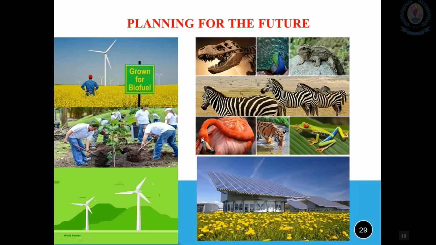We have to conserve fossil fuels, using them wisely and only where there are no apparent alternatives. We can rely on sustainable energy resources like solar power and wind power. We can develop biofuels that will naturally decay, and we can use renewable energy sources more and more.